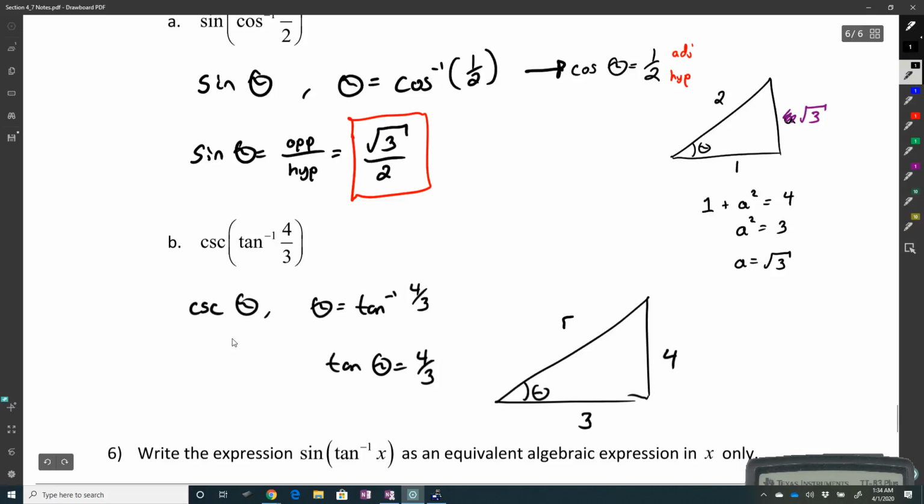Notice this is a 3, 4, 5 triangle. So I can just fill it in. And now I can find cosecant. So cosecant of theta. Cosecant is the opposite of sine. So sine is opposite over hypotenuse. So cosecant is hypotenuse over opposite. So 5/4.